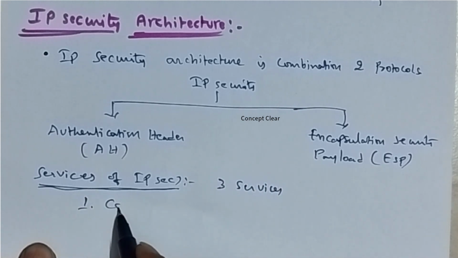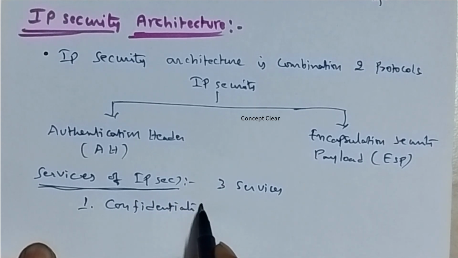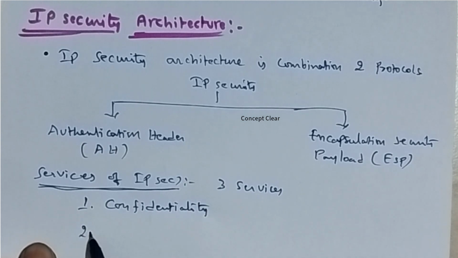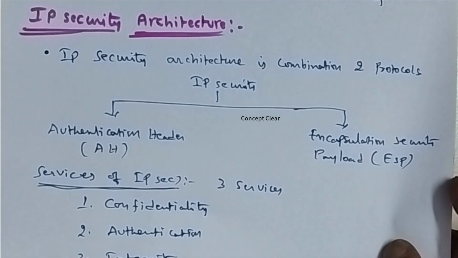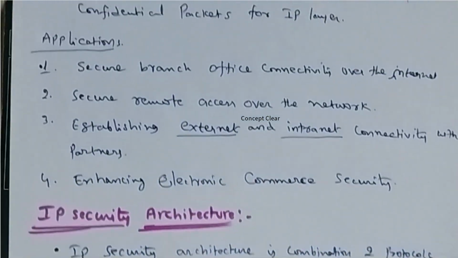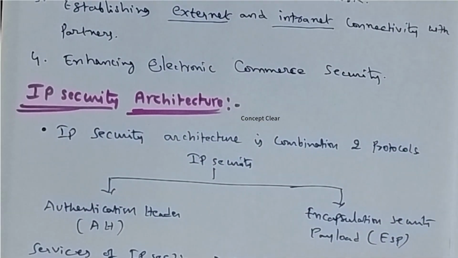The first one is confidentiality, the second one is authentication, and the third one is integrity. We already studied what is authentication, what is confidentiality, what is integrity. In order to implement IP security, we need to implement the AH protocol as well as the ESP protocol.